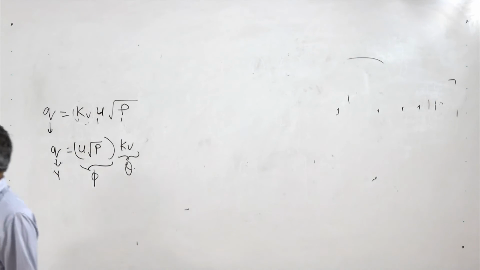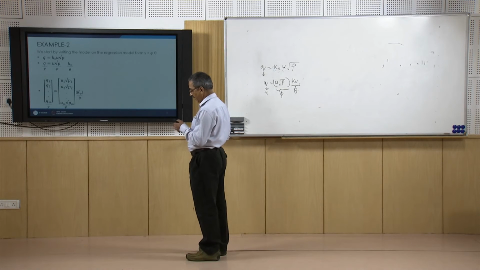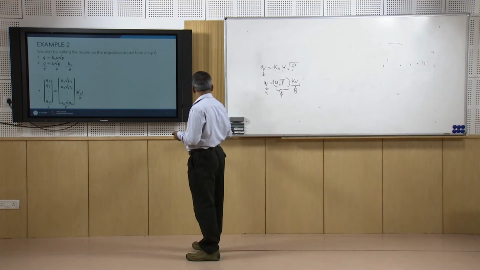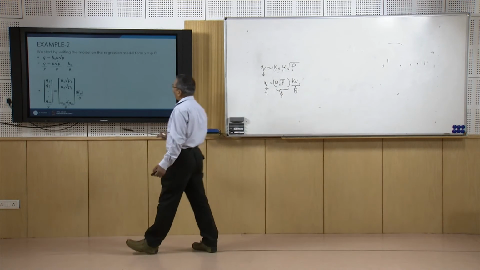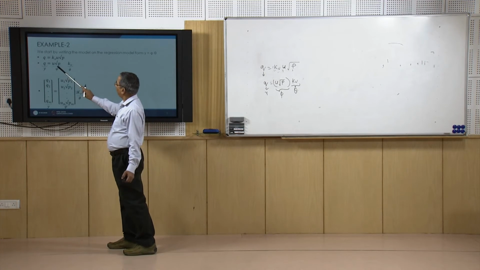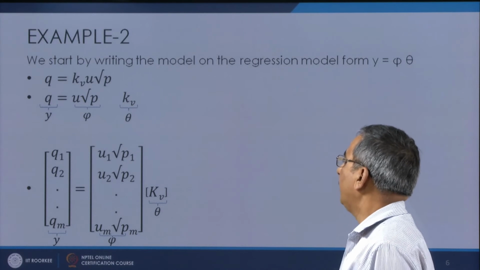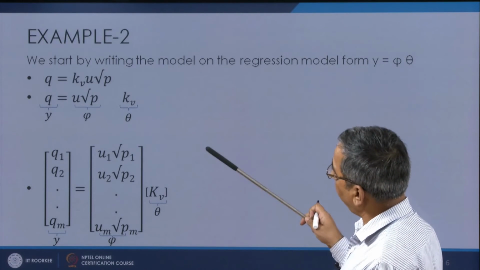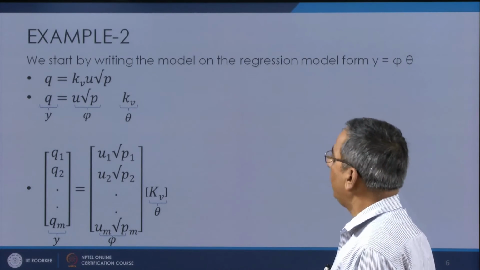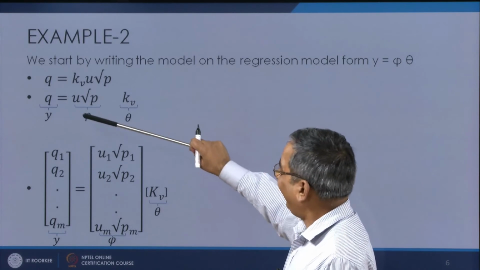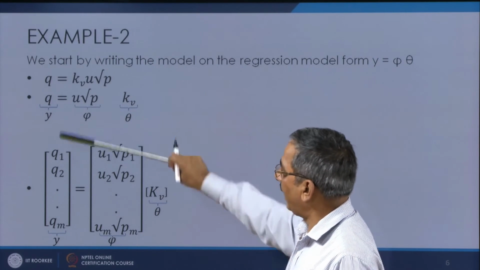This is how I am doing it. So we have here y, we have here phi and we have here theta. As I said, we can assume that I know M such values.